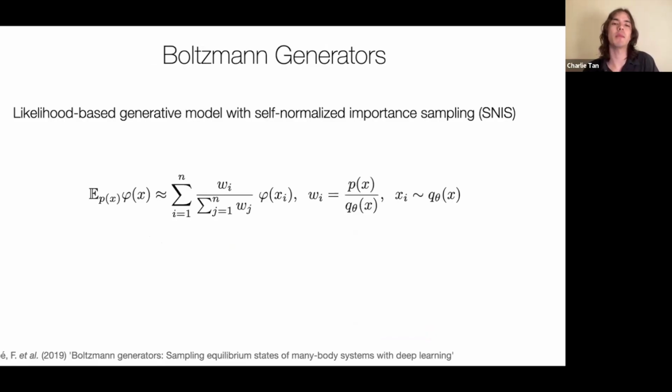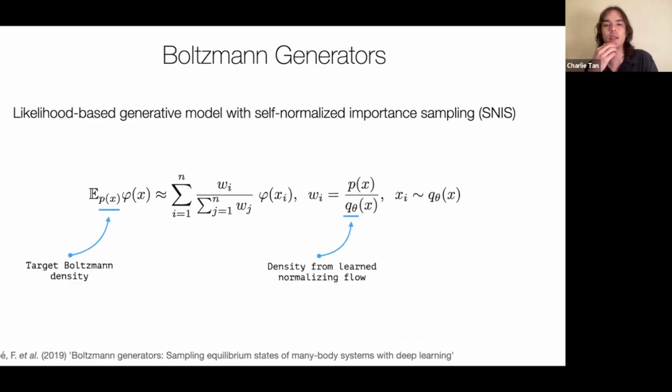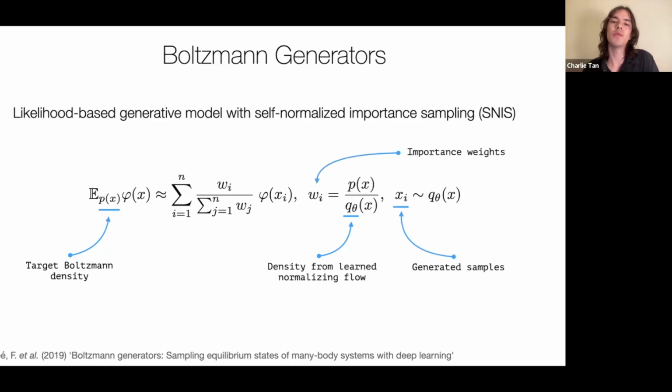And one interesting application of these is within Boltzmann generators, in which they are paired with self-normalized importance sampling. And so if we have our target Boltzmann density P of x, and also the density from a learned normalizing flow, Q of theta. If we then generate n samples, x_i up to n, from Q of theta, for each sample, we can compute the importance weights, which is simply the ratio of the target density and the proposal density.